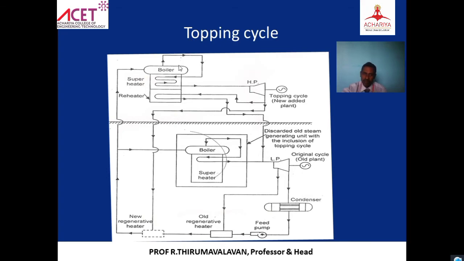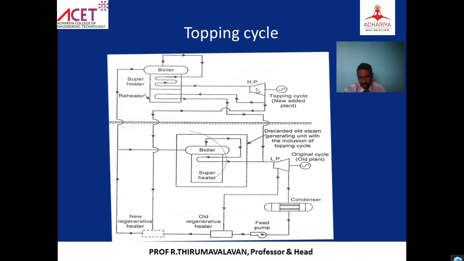What is the topping cycle? It's a regular cycle where water is taken out and comes to the boiler, right? In the boiler, that water is converted into superheated steam. The superheated steam comes to the high pressure turbine and expands, right?